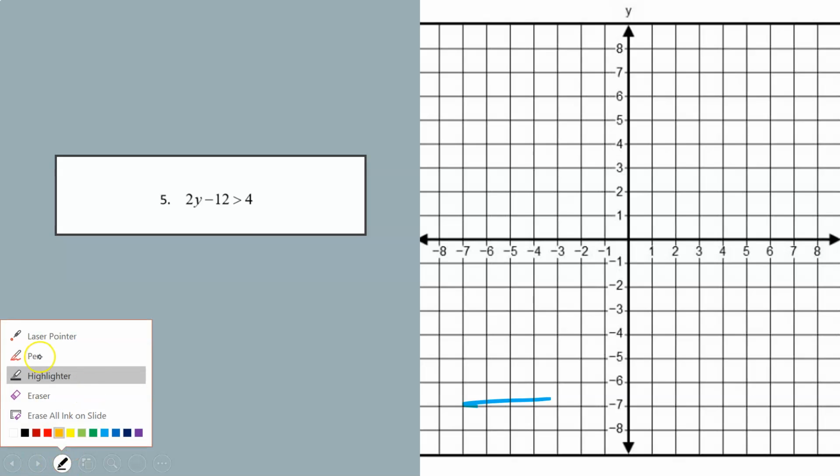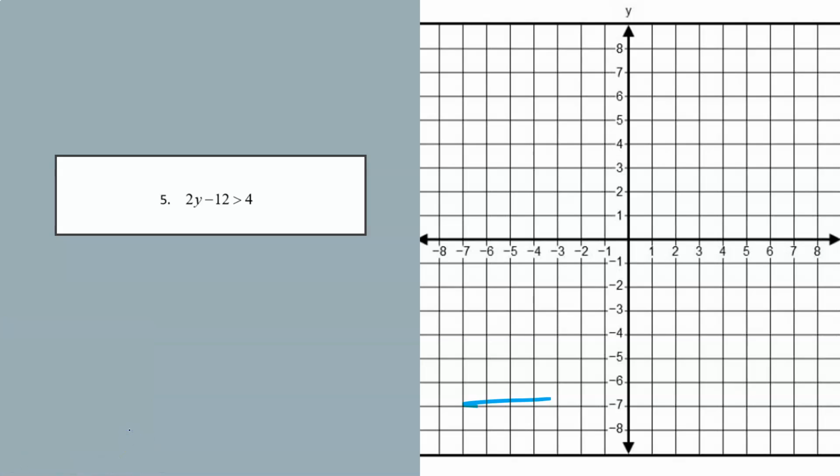All right, I think we have one more. I have to rearrange again. This is a weird one. Okay, so I'm going to add 12 to each side here.